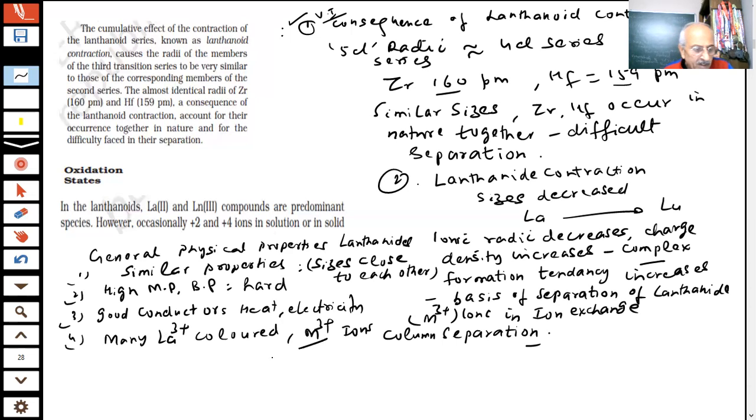Plus 3 is the most stable oxidation state, and they also exhibit magnetic properties. What magnetic properties have I been talking about, students, in the d block elements? Spin only magnetic moment.